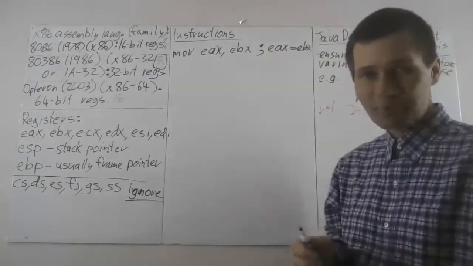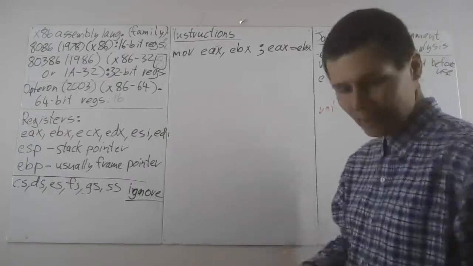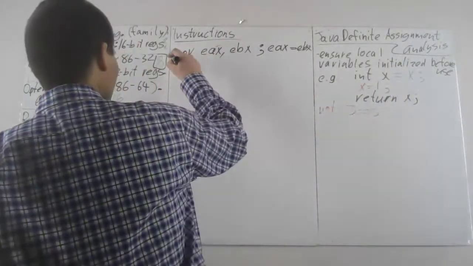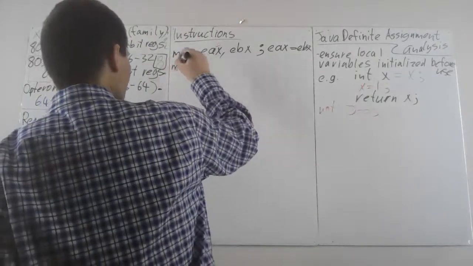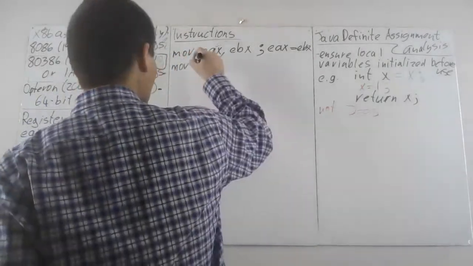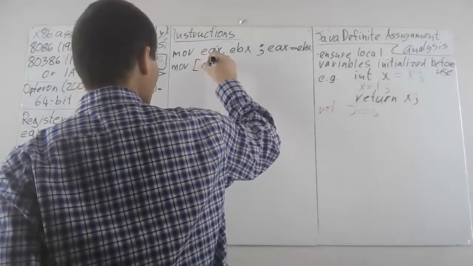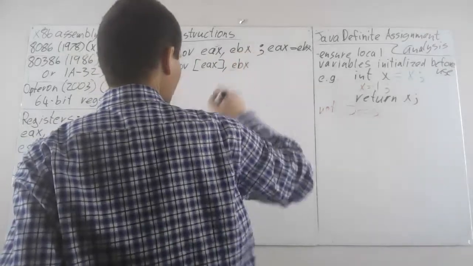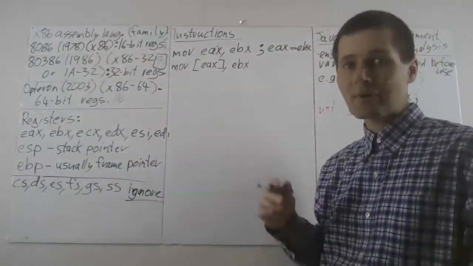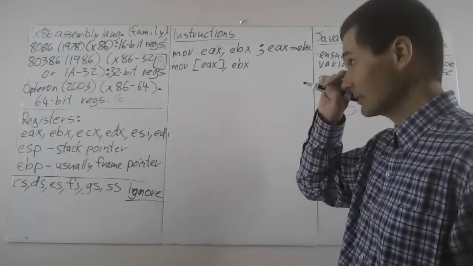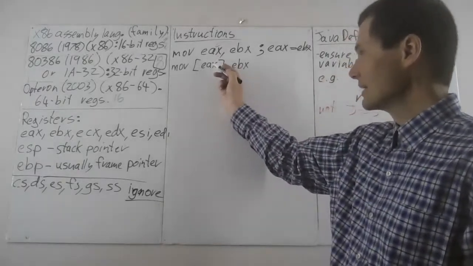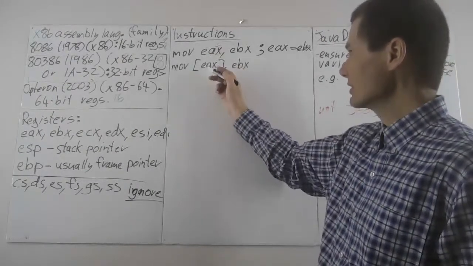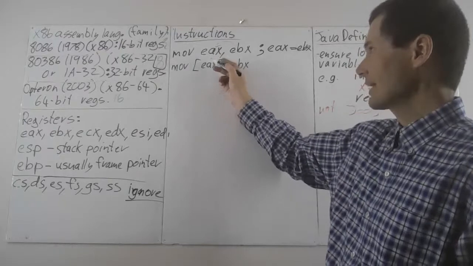Okay, so I can copy things from one register to another, but mov can do a lot more than copying between registers. There's this square bracket syntax, and the square brackets mean that you want to dereference some value. That means treat the value in EAX as an address and store to the memory location that has that address.